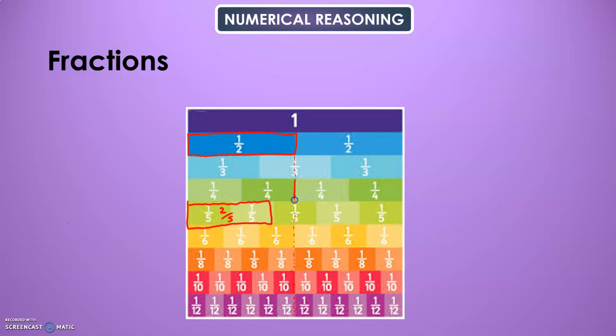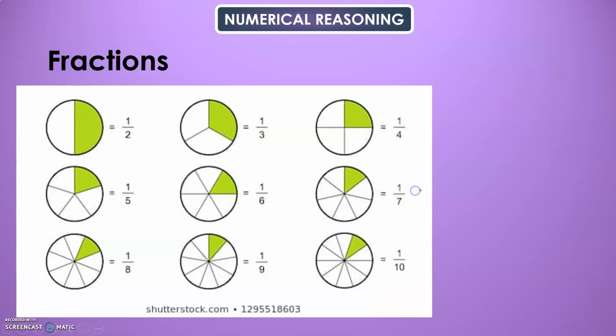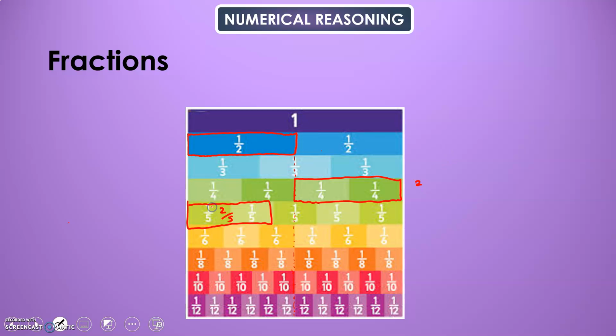So you can see a quarter. So 2 quarters is the same size as a half. Likewise, 3/6 is the same as a half, and 4/8, and so on and so on.